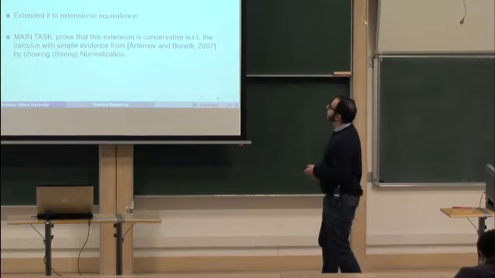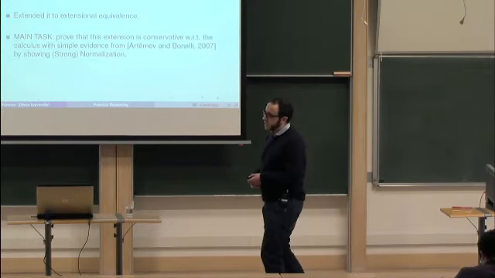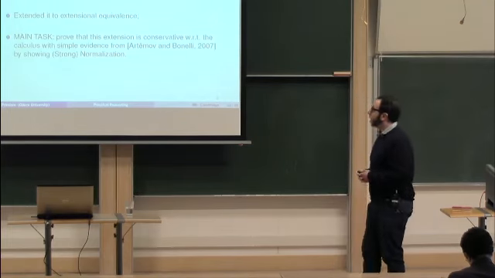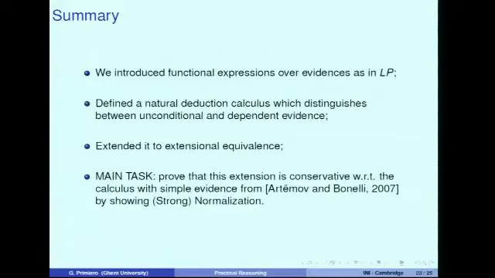So just my summary: the idea is to extend the intuitionistic version of the logic of proofs with a functional fragment, then to translate this into a natural deduction calculus, which is able to take apart unconditional evidence and dependent evidence in the way I've explained, namely where independent evidence is evidence that is derivable under valid assumptions only, and dependent evidence is evidence that is derivable from true assumptions.